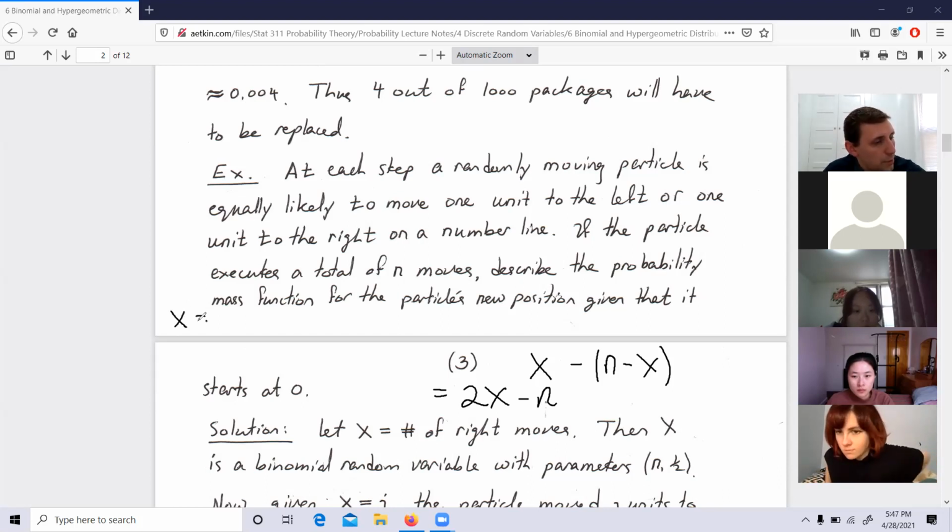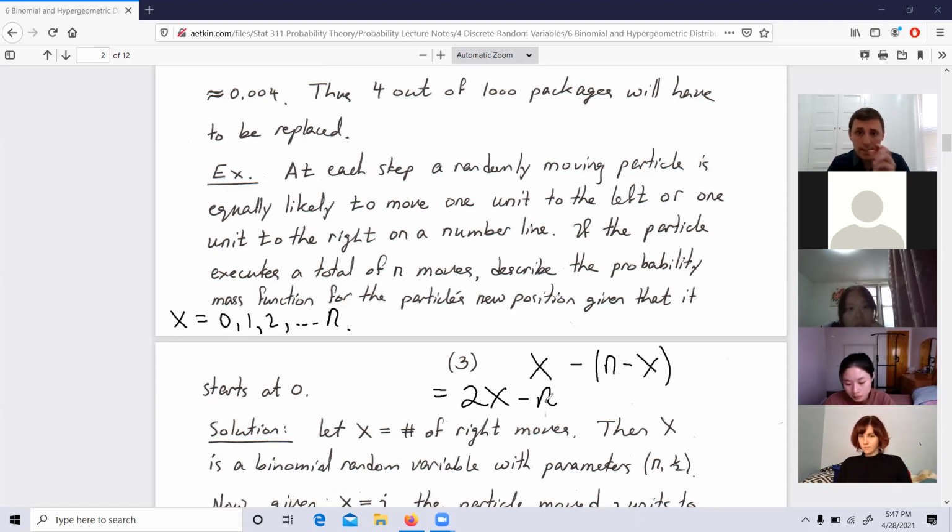How many right turns can we have? We can have 0 right turns, 1 right turn, 2, all the way to n. So my possibilities for position is minus n if X is 0, 2 minus n if X is 1, etc. So it's always an even number minus n. That's the position on the x-axis where the particle might be located.